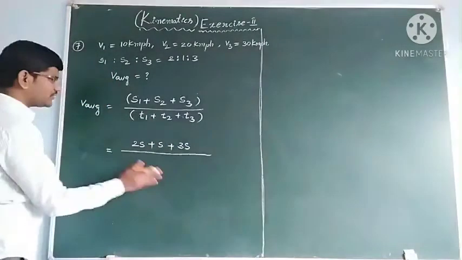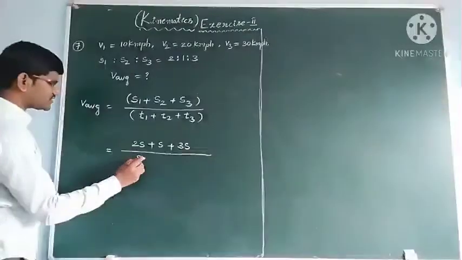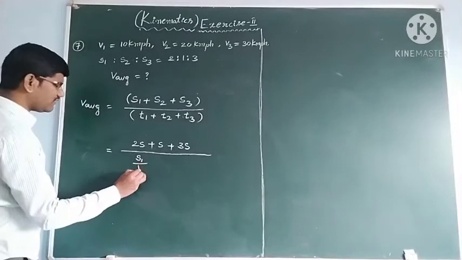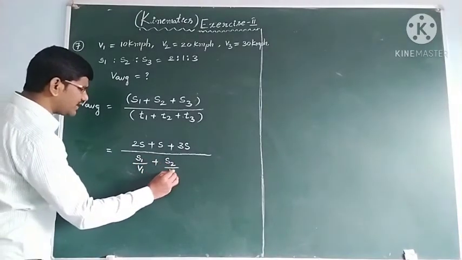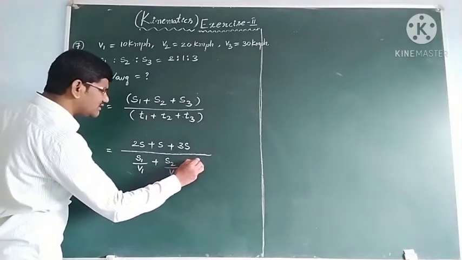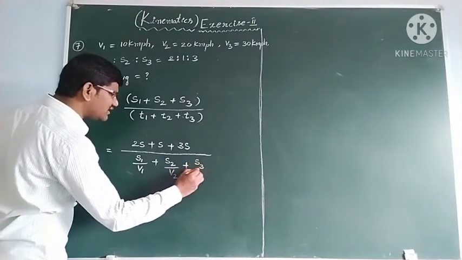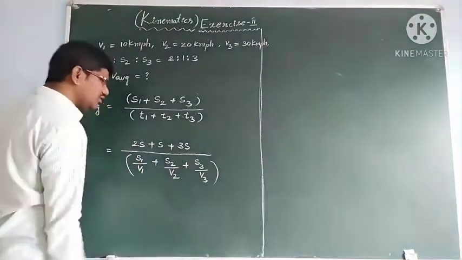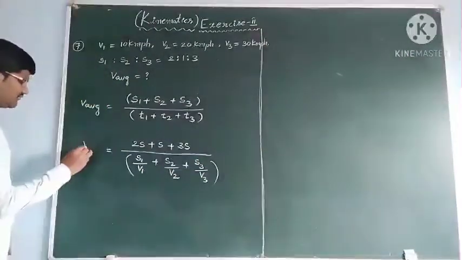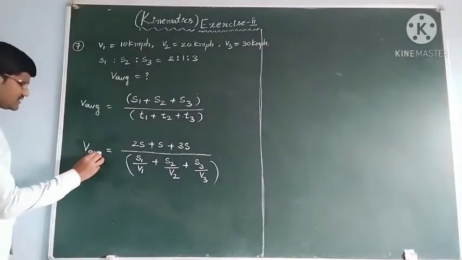T1 is S1 by V1, plus T2, S2 by V2, and T3 means S3 by V3. Okay students, this is the V average.